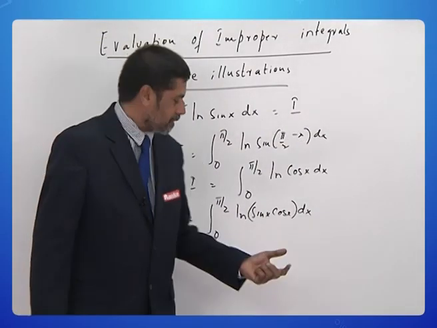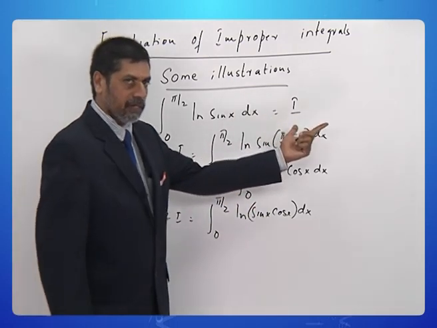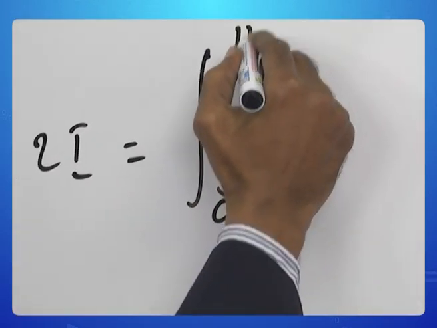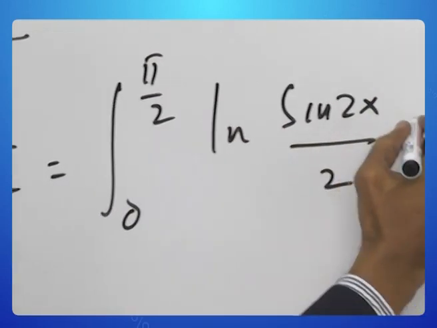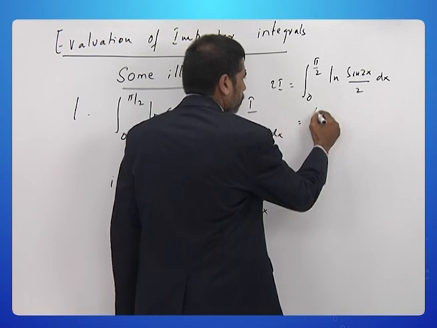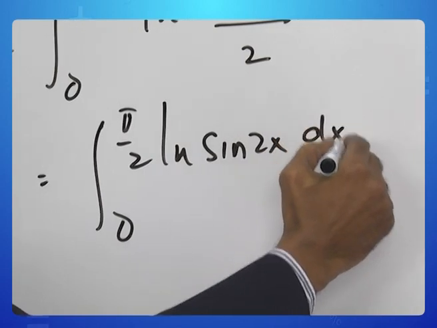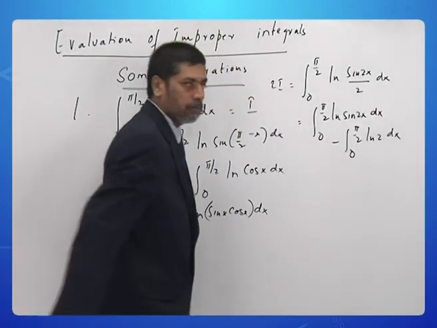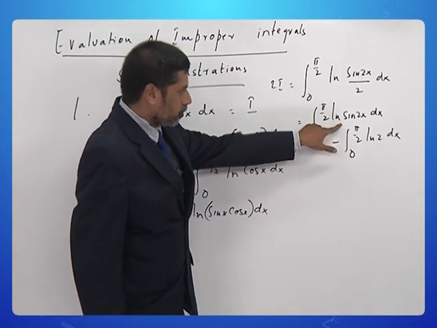It may appear that this is a much more complicated integral, but you can see that we can reduce it like that and break it like that. Now, once you have done this, this integral can be proved to be equal to I itself.